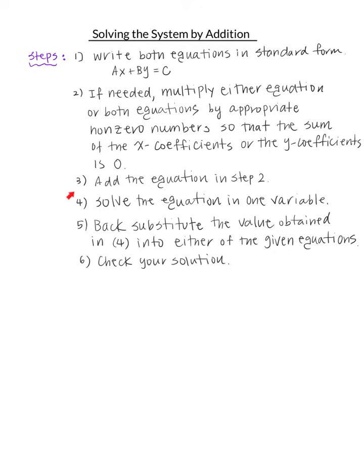Okay, step 3, add the equations in step 2, and then step 4, solve the equation in one variable. Step 5, back substitute the value obtained in step 4 into either of the given equations. And lastly, check your solution. You're like, excuse me, that was a way worse explanation than the substitution method. So you know what? Let's do this by examples.